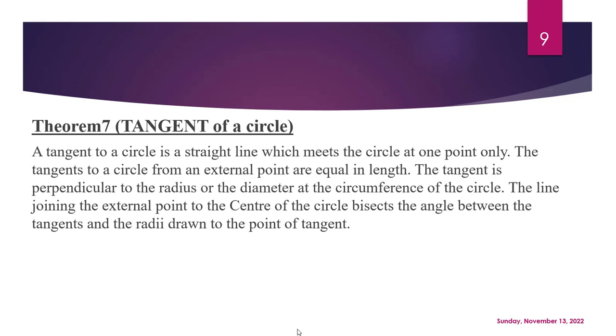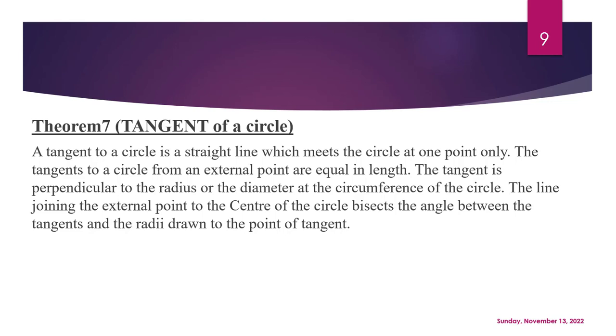Right. So let's continue from theorem 7. This theorem talks about the tangent of a circle. As I explained earlier, a tangent to a circle is a straight line which meets the circle at one point only.